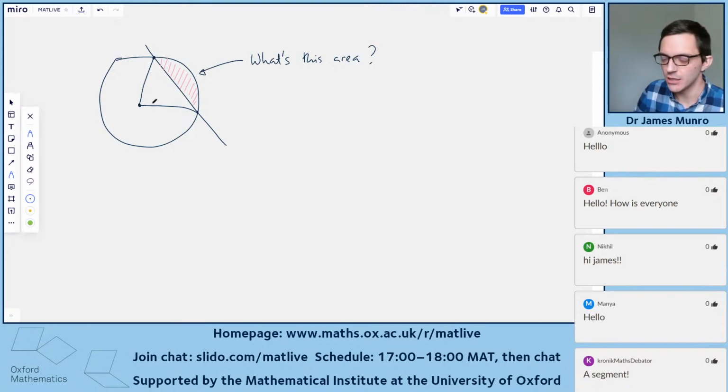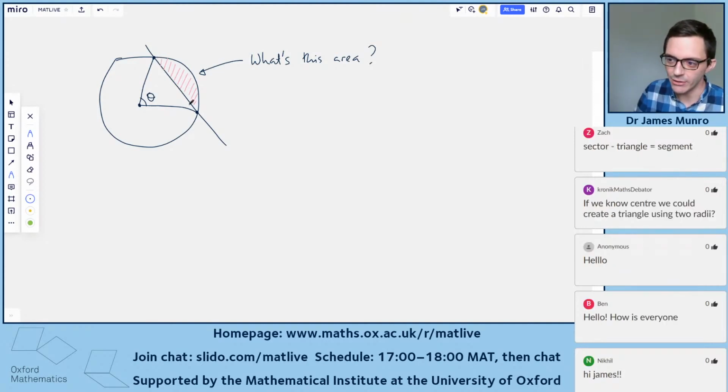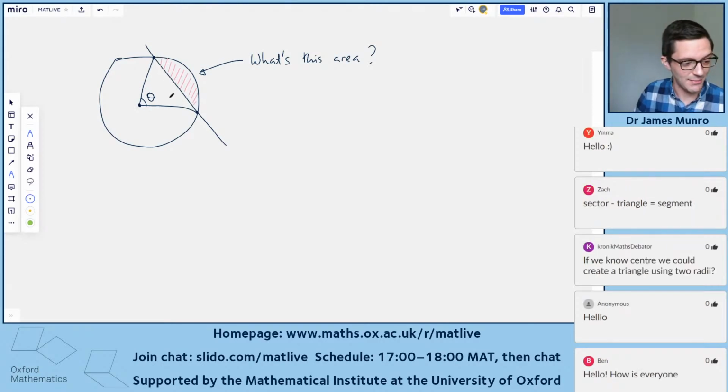If we knew the angle theta at the origin there, we could make a triangle between two radii. If we knew that angle theta, then we could work out the area of this triangle and the area of that sector. And George has even put a formula in terms of theta in chat, which I'm going to work out now very quickly.